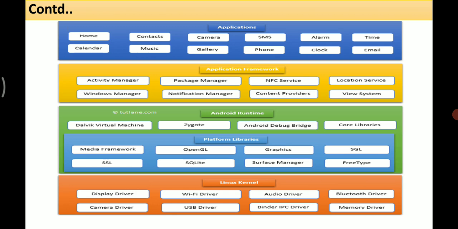In platform libraries, we have Media Framework, OpenGL, Graphics, SGL, SSL, SQLite, Surface Manager, FreeType. In the Linux kernel, we have all the drivers like display driver, Wi-Fi driver, audio driver, Bluetooth driver, camera driver, USB driver, binder, IPC driver and memory driver. We'll see each and every component one by one.